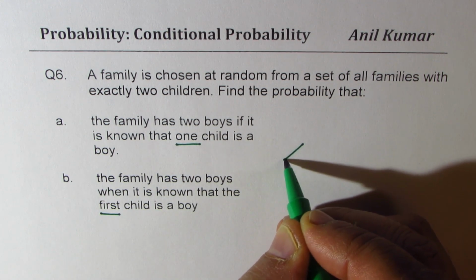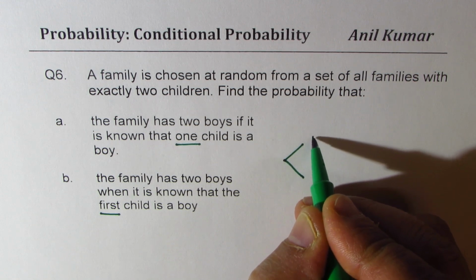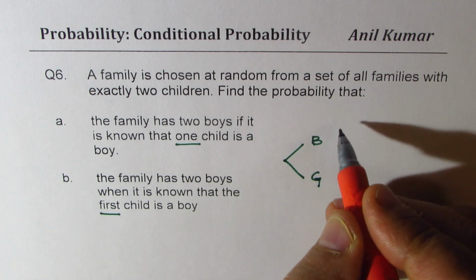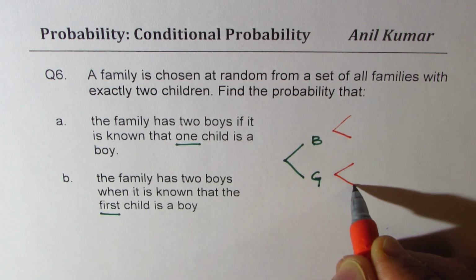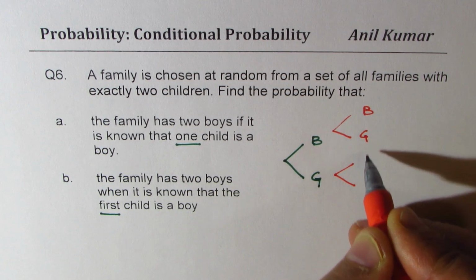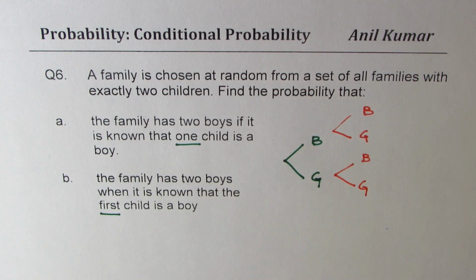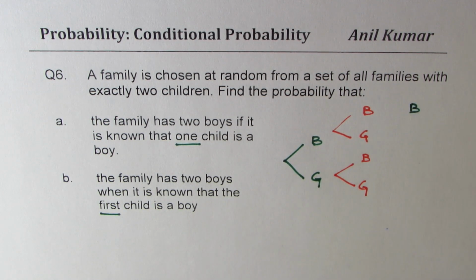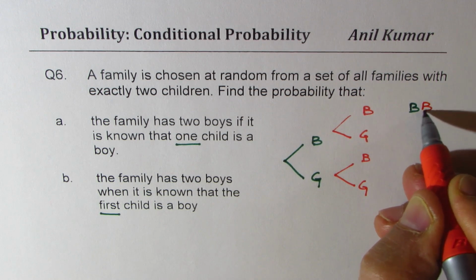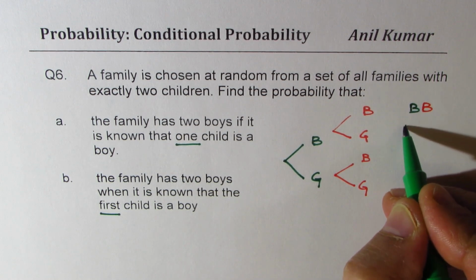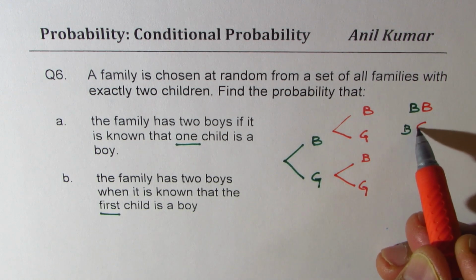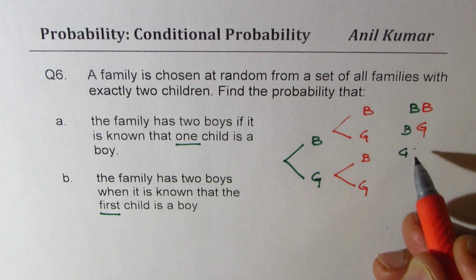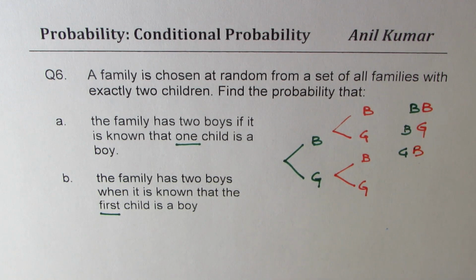So the probability of having a boy and a girl is 50-50. So let's say we have a boy or a girl, and the second time it could again be a boy or a girl, right? So the result here is that we could have 2 boys, we could have a boy and a girl, we could have a girl and a boy, or we have 2 girls.